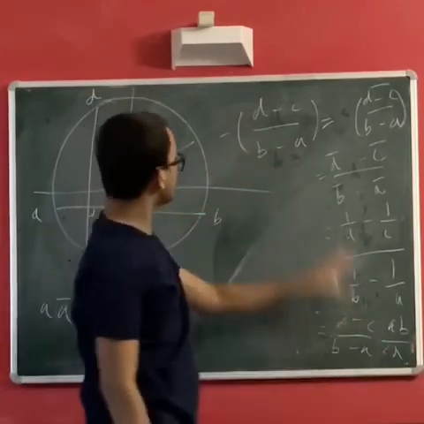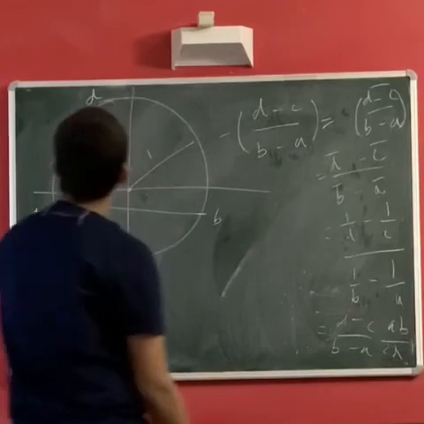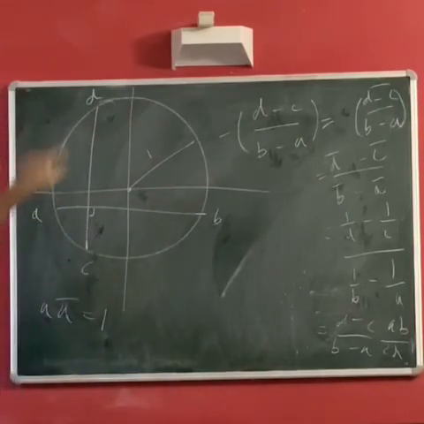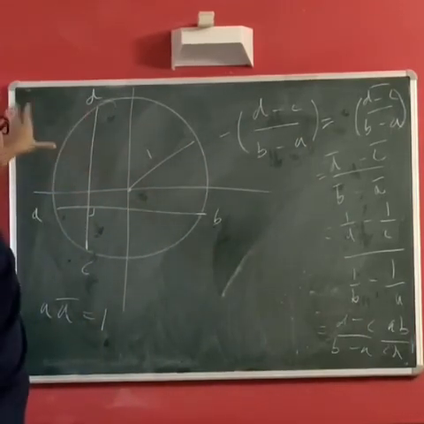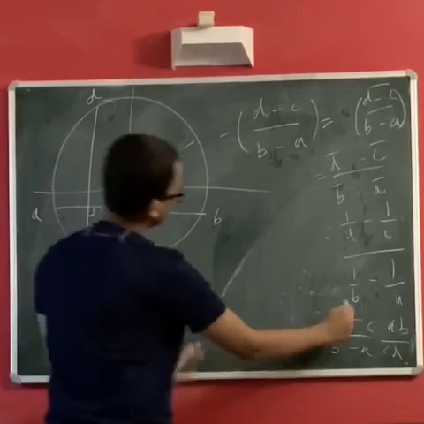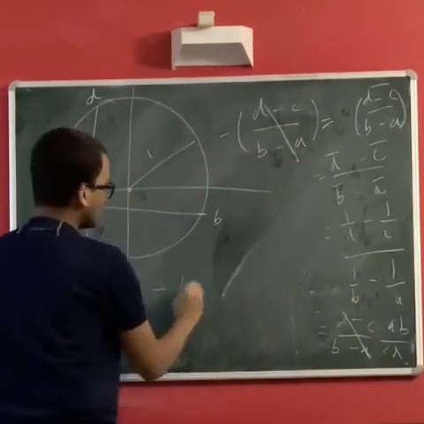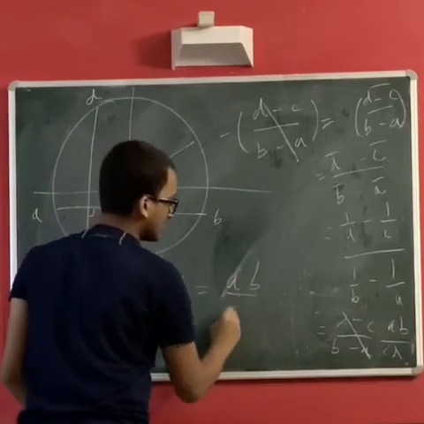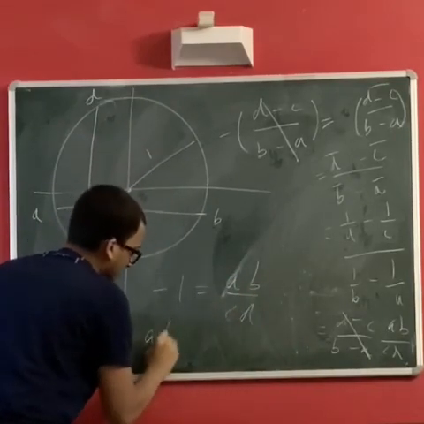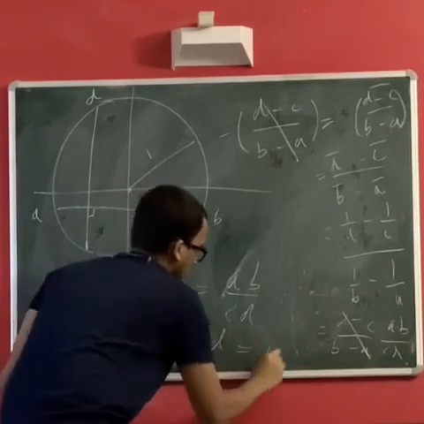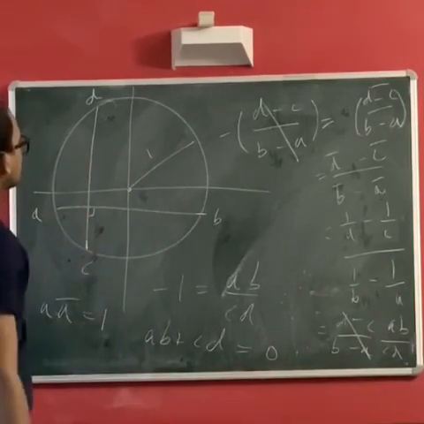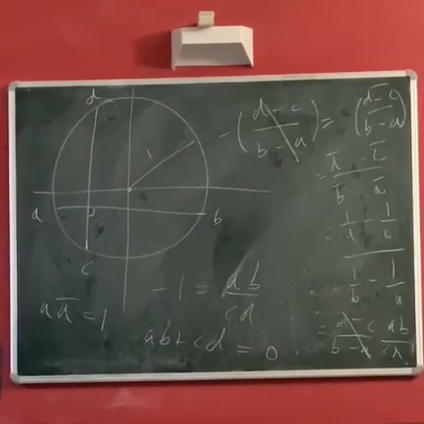So these two quantities we can easily cancel, unless it is the case that d equals c. But let's assume that all the points are different, so these are not zeros and you can just cancel them. So it's minus 1 equal to ab over cd that we get, from which we get ab plus cd equal to 0. A very nice result for four points on a unit circle, of which two chords are perpendicular.